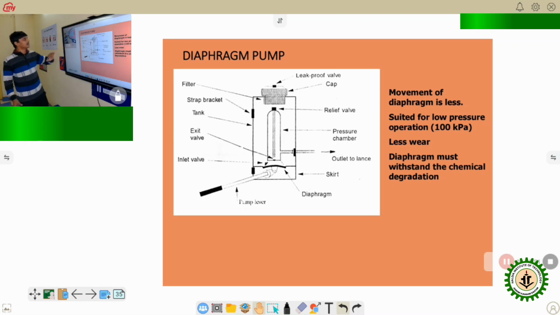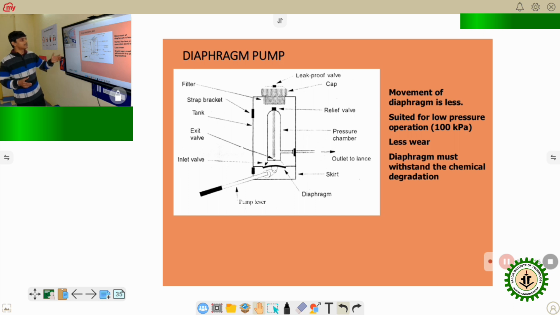Diaphragm type pumps are also there. The diaphragm is operated by the movement of the sprayer. The main mechanism is the diaphragm. The movement of the diaphragm is less, and it is suitable for low pressures, around 100 kPa.